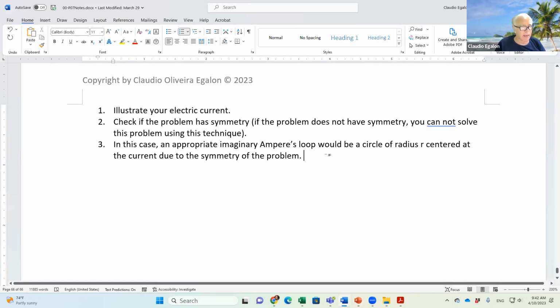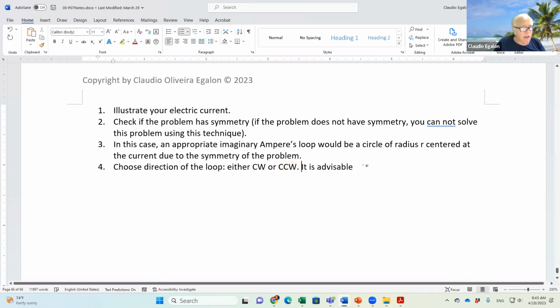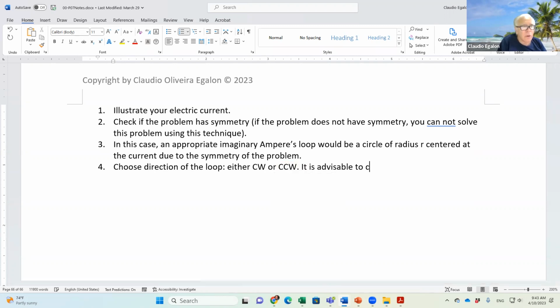Four, choose the direction of the loop, either clockwise or counterclockwise. It is advisable, although not a must, to choose a direction according to the right-hand rule.